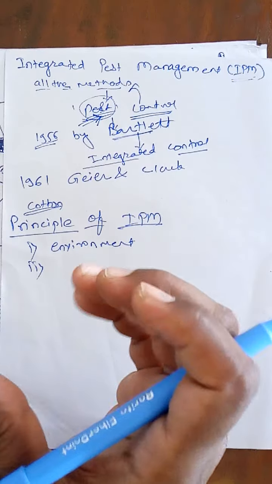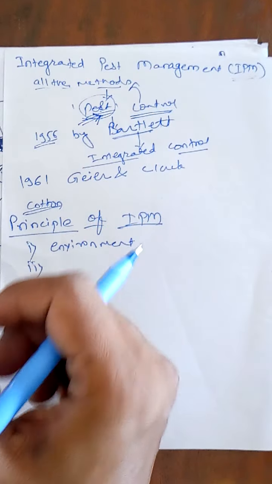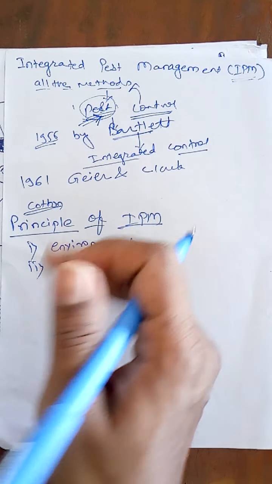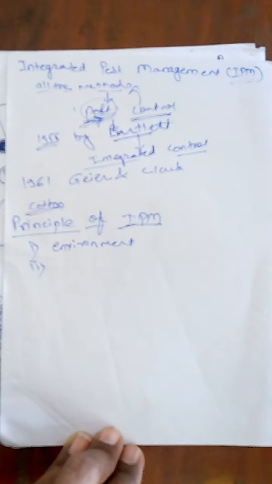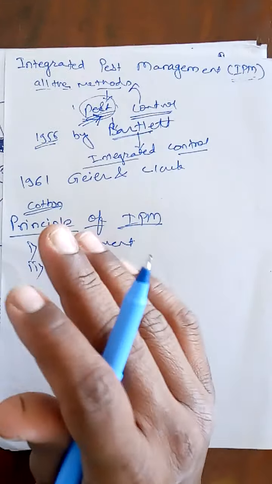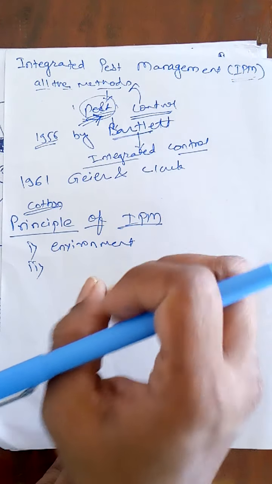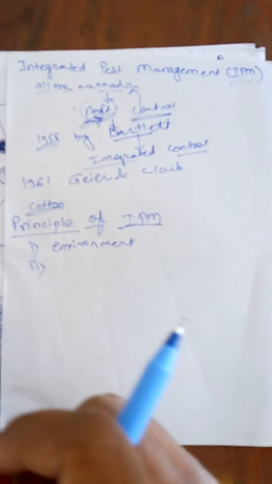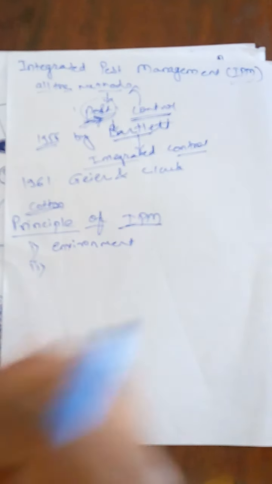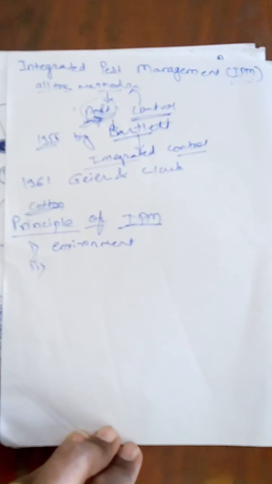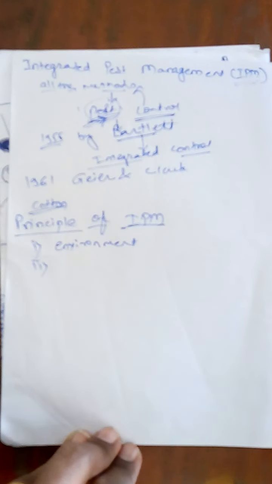So we try to help that crop by keeping the pest population below that level, which is not causing any economic injury to the crop. This level should be determined in terms of both the possible crop loss and the economics of crop production and marketing. Okay, so this is the second principle.